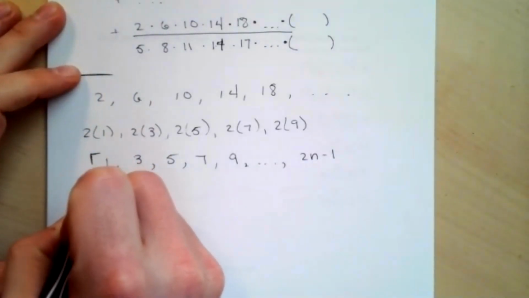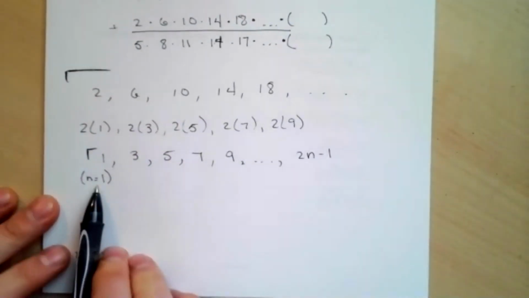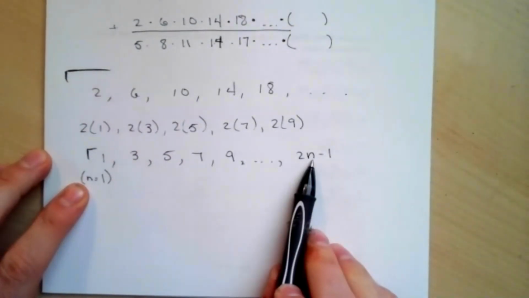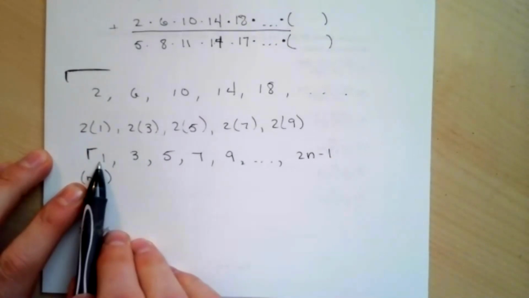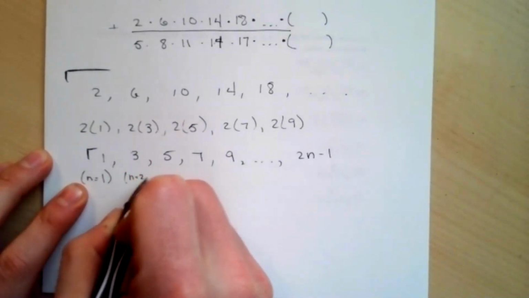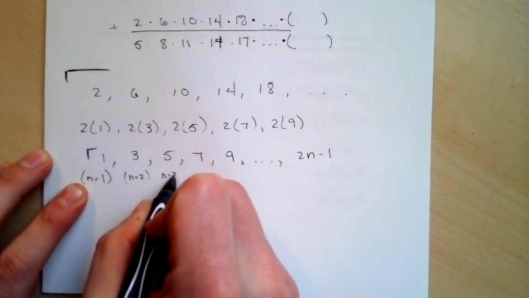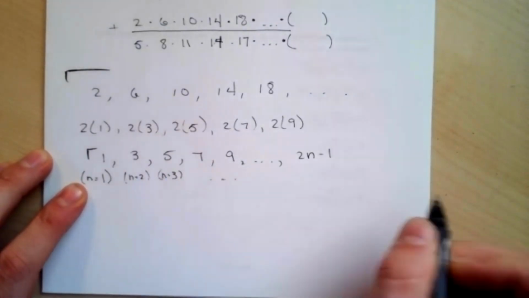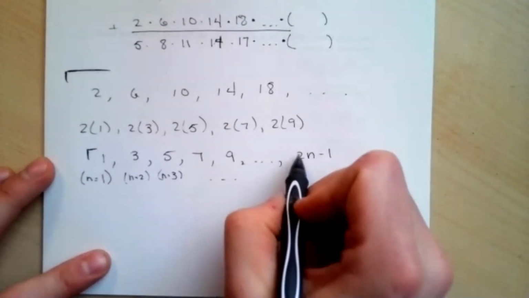And so here, this is our n equals 1 term. So if we plug in n equals 1 into this formula, we get 1, n equals 2, n equals 3, and then it goes up. And of course, this is our nth term.